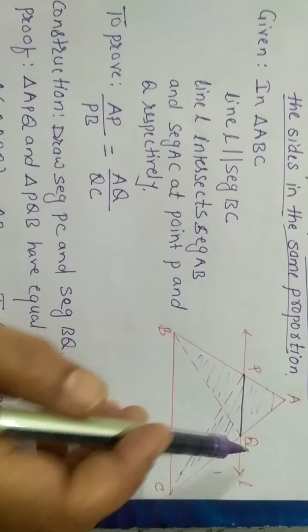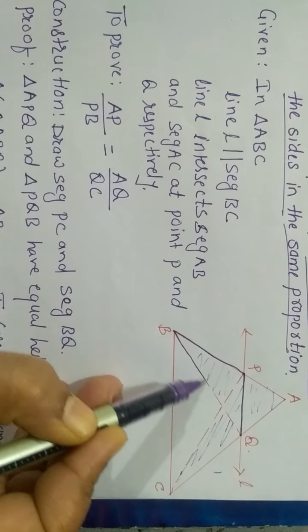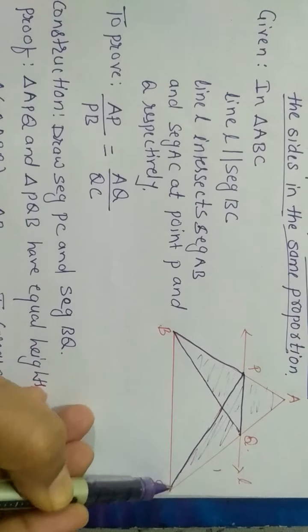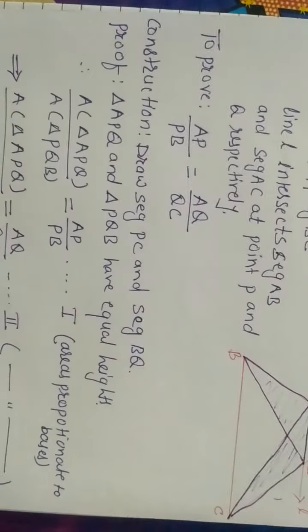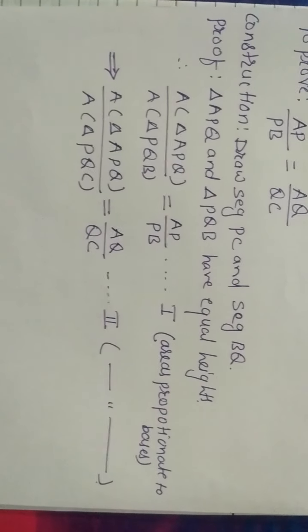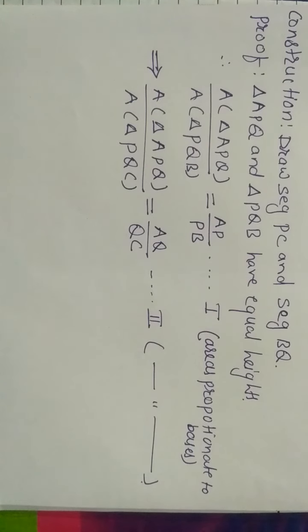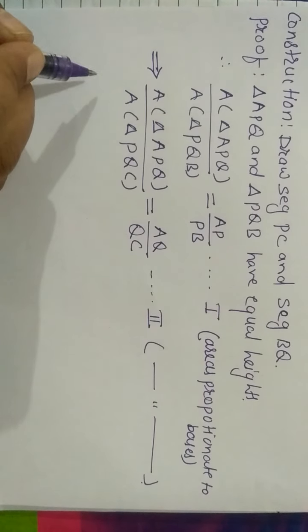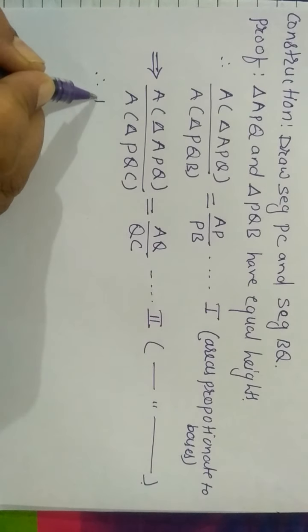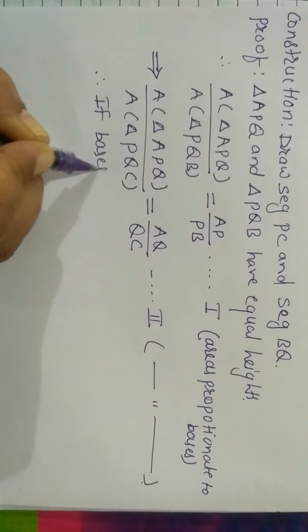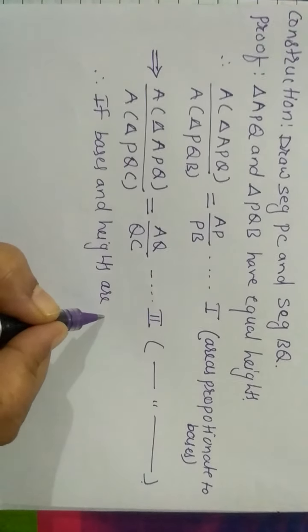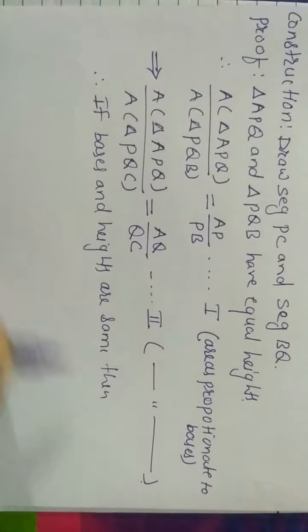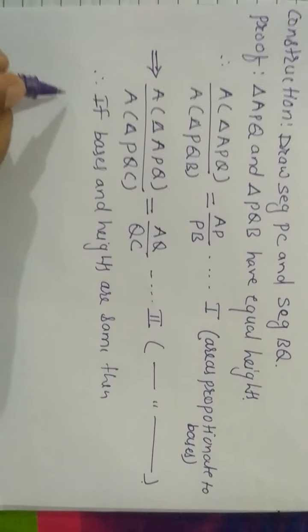Here we are applying your homework, the third property: if the bases are common and heights are the same, then the areas of the two triangles are equal.